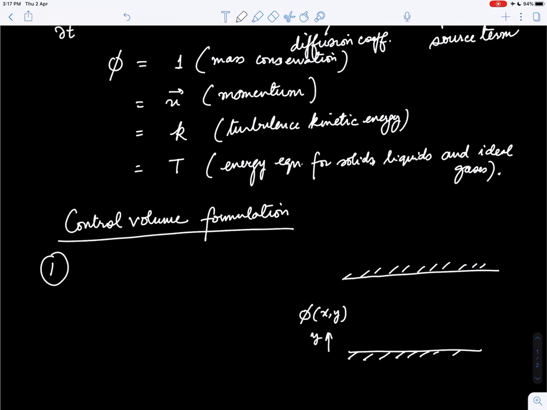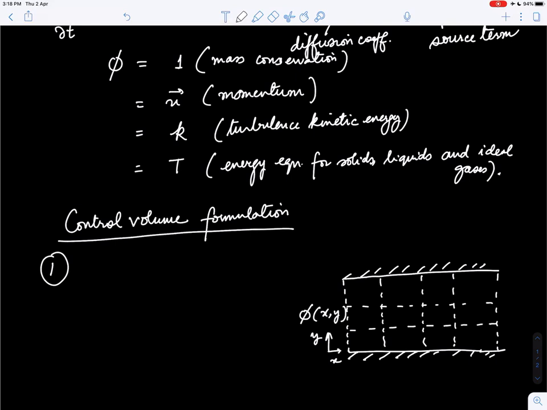That will give you a continuous function. What we are looking for is a discrete analysis. So the fundamental idea is that we will divide this domain into non-overlapping control volumes, and each of these control volumes will surround a grid point.